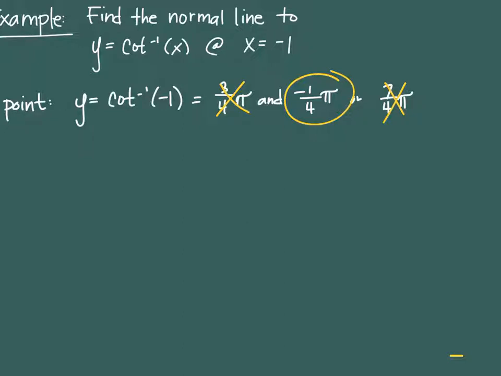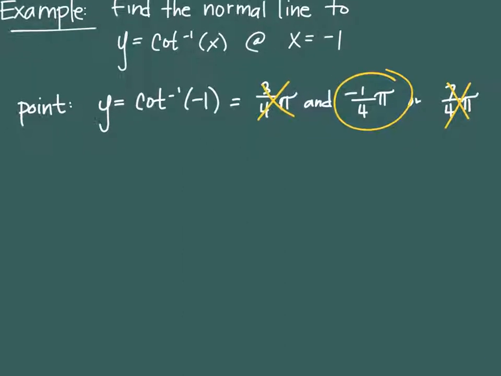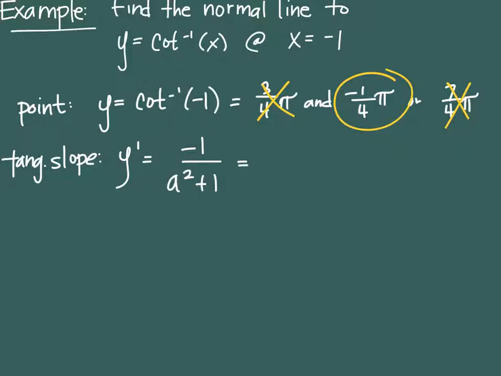All right, then we work through the tangent slope. And so the tangent slope would be y prime. And this is -1 because it's the inverse of cotangent. And then you can go back and look. You're like, okay, it was a squared plus 1. And right now that's just x squared plus 1.